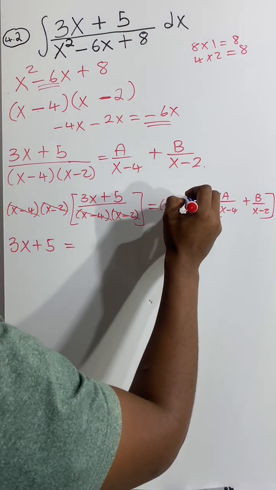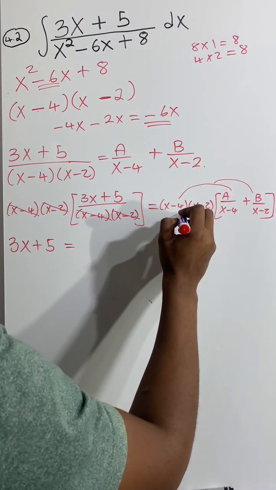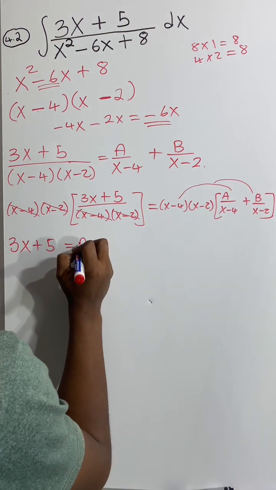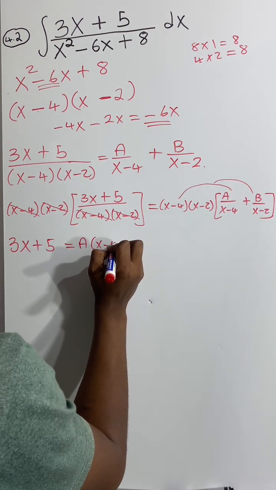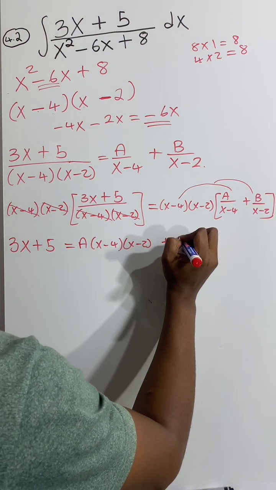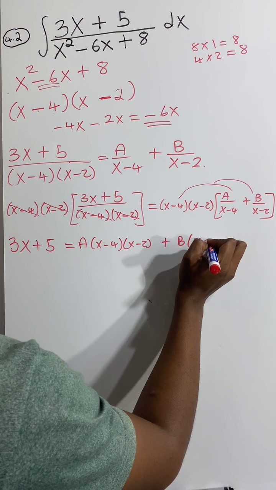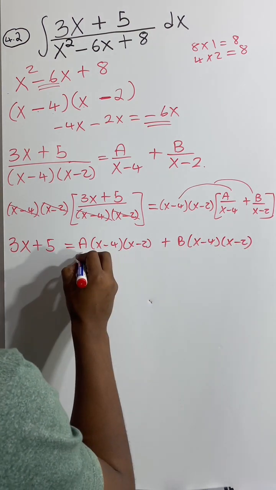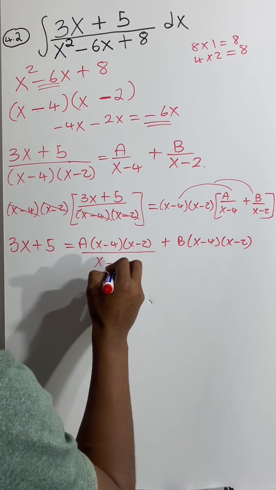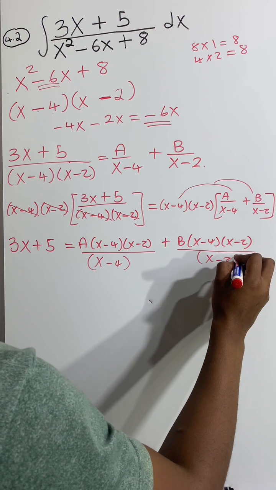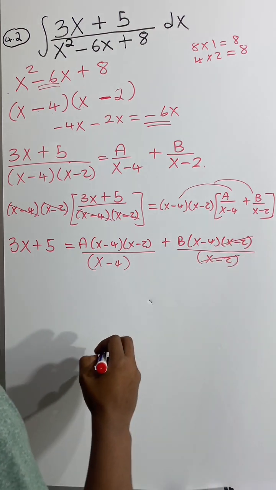So we distribute the x minus 4 multiplied by x minus 2 inside our parentheses. X minus 2 will cancel out with that x minus 2.